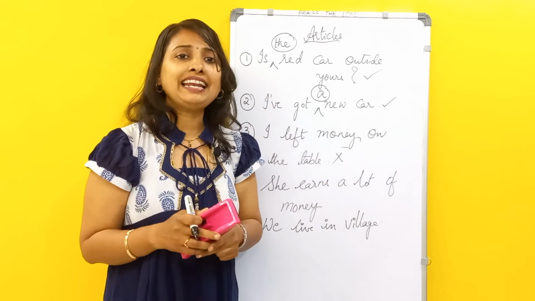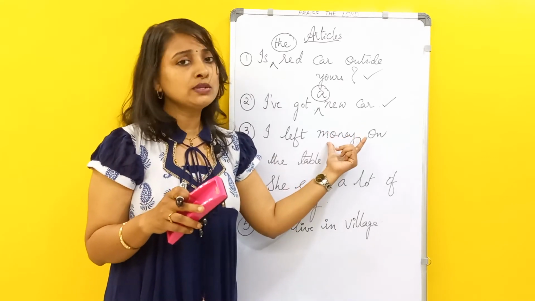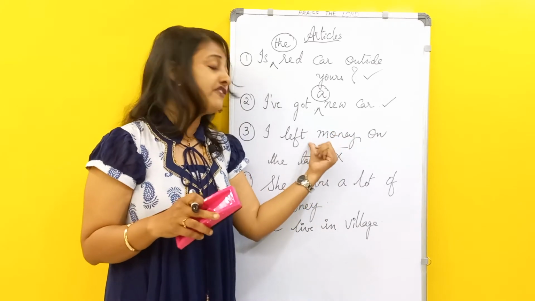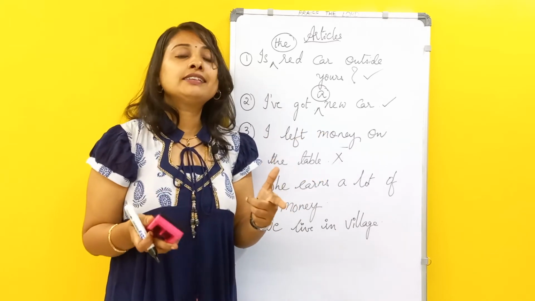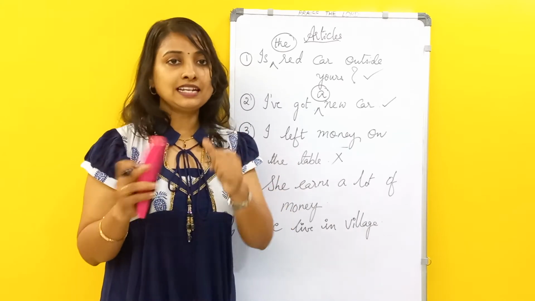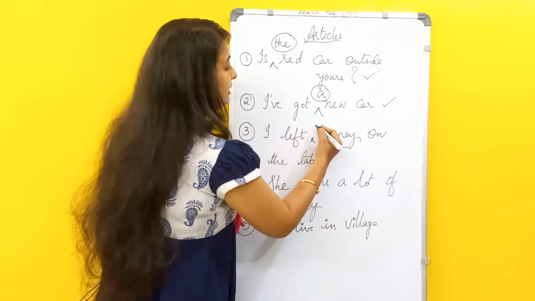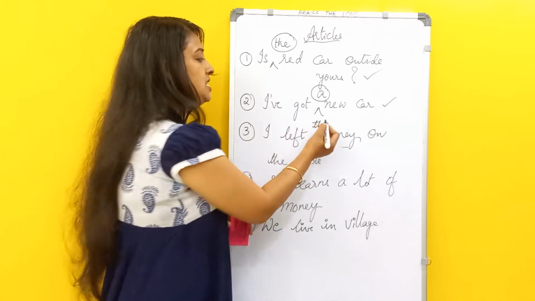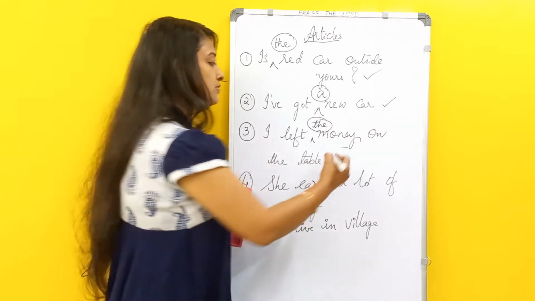For countable nouns, we will be using a and an. Here this is an uncountable noun, but we are using the definite article the. The definite article can go with singulars, plurals, countable or uncountable nouns. That is one rule of thumb we saw yesterday. So like this it is wrong. To make it right, we have to use the money. I left the money on the table. So now this is correct.